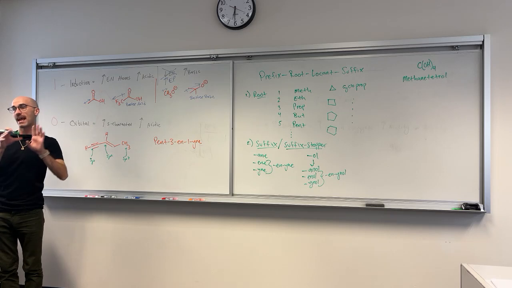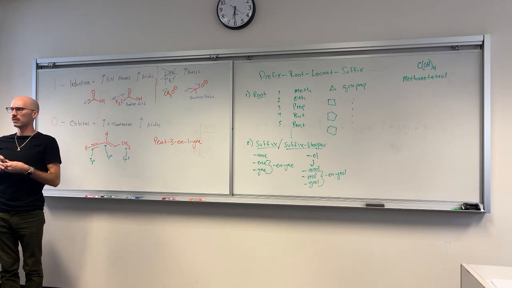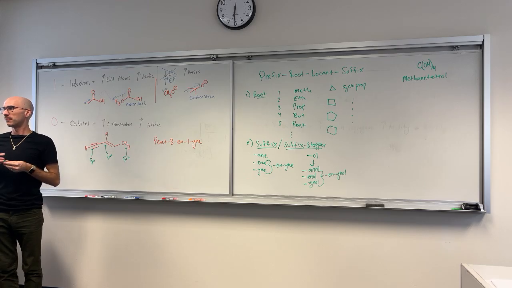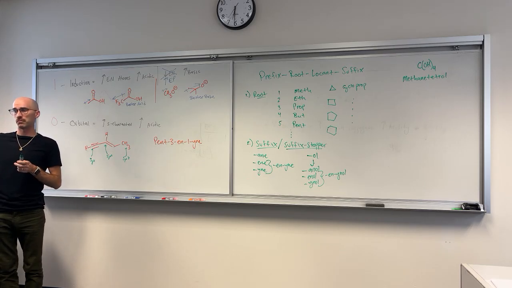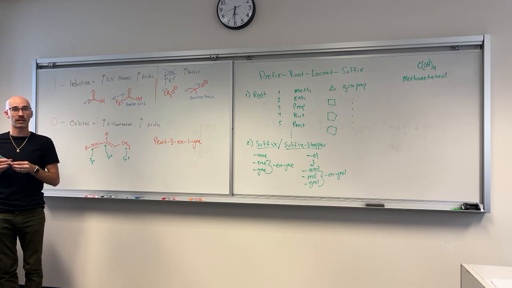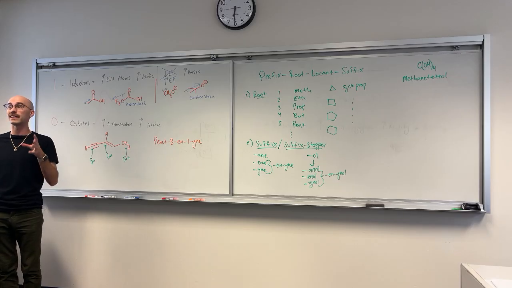I'll be honest, I don't grade on the nitty-gritty stuff. I do hope that I can introduce you to the names enough that when you see a name, it will make sense to you. But I kind of doubt a lot of you will be out there naming compounds. And if you do, you should probably take a class dedicated to nomenclature. This class is not dedicated to nomenclature. Does that sound fair?